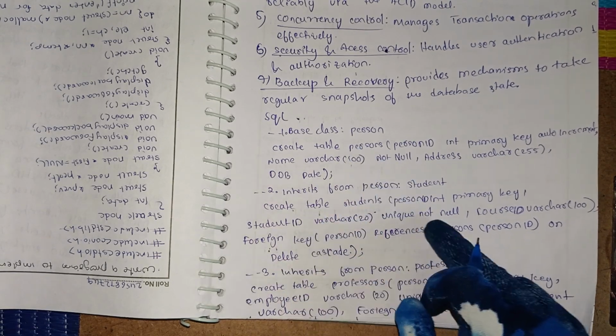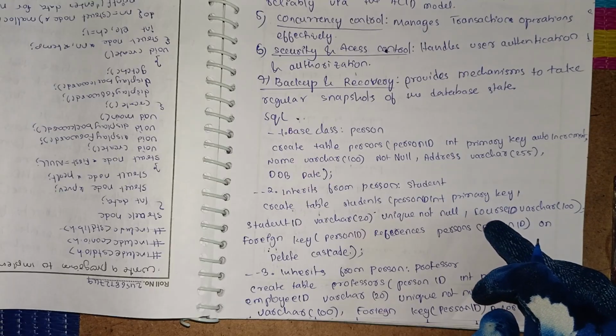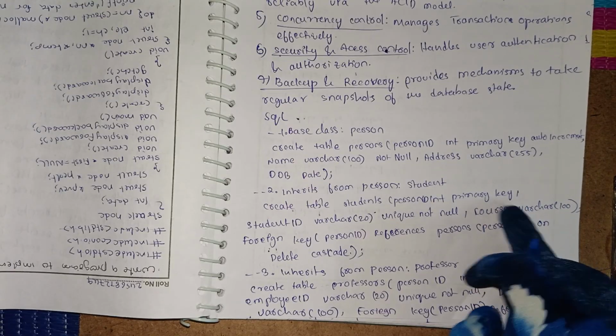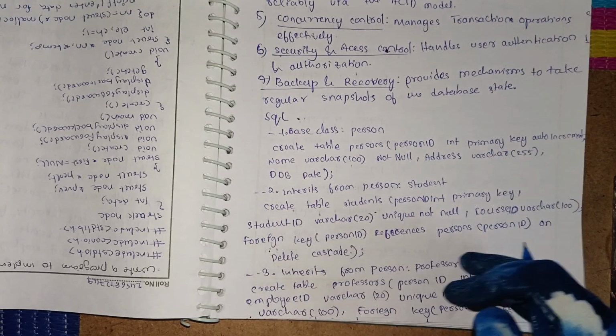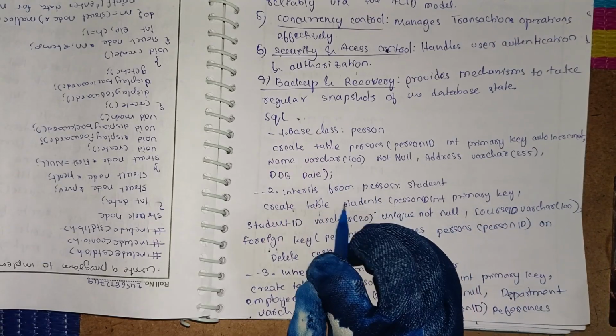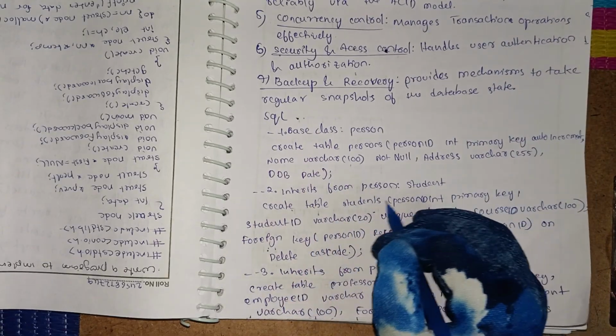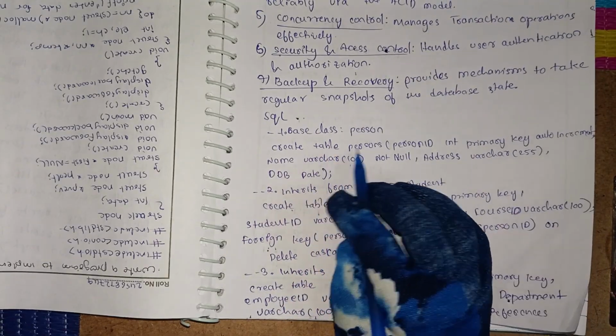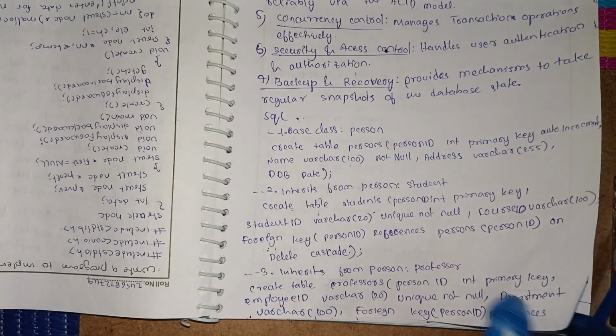And in the student table, course id and student id are unique column names which are not in the persons table. That's the meaning of this statement.